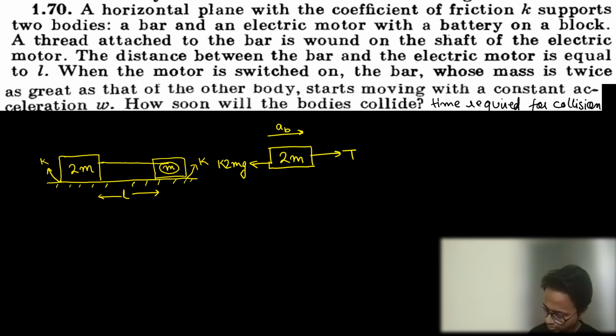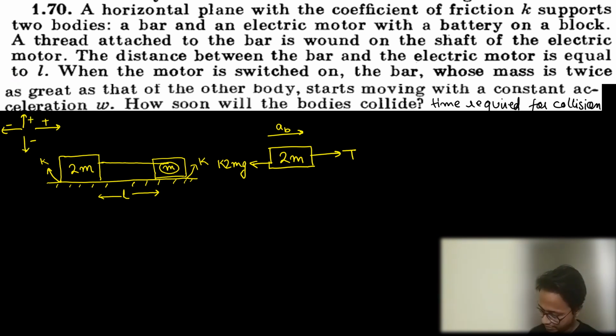So out here, while dealing with Newtonian mechanics or while dealing with vectors, always assign the coordinate system. I'm taking this side as positive, this side as negative, upward as positive, downward as negative.